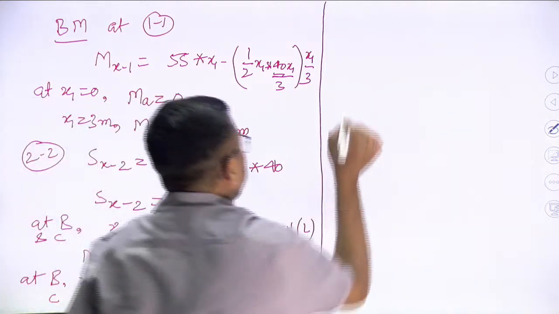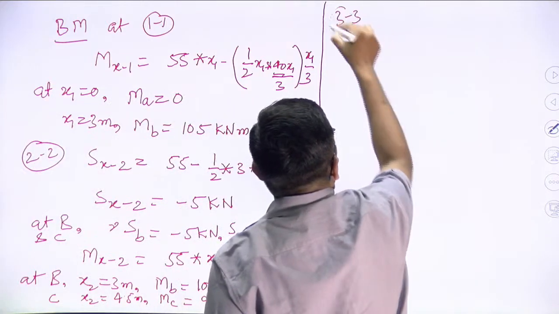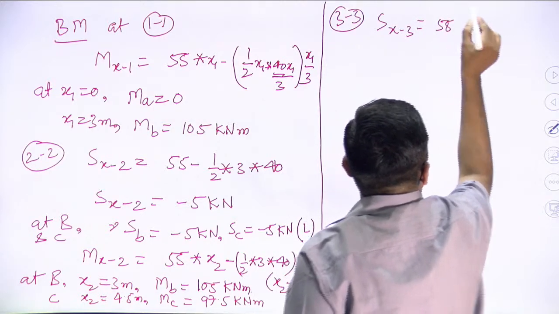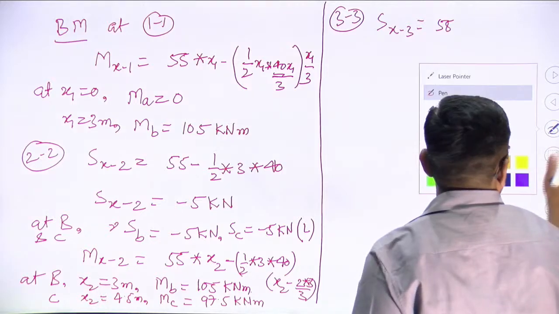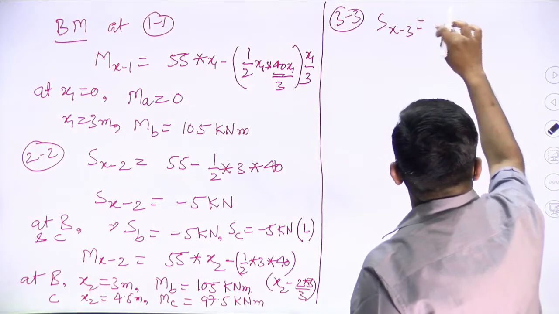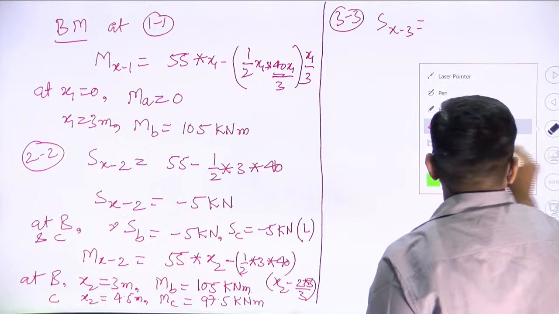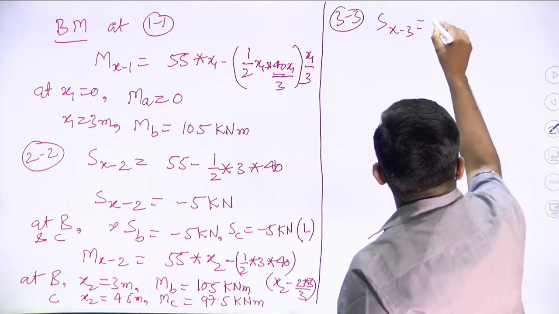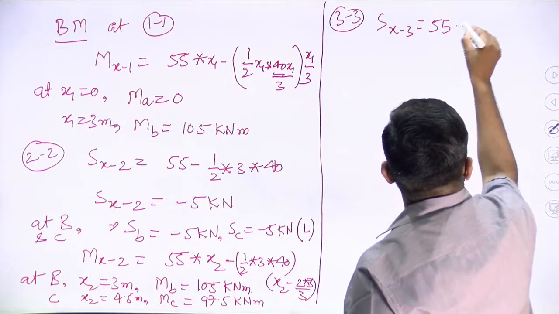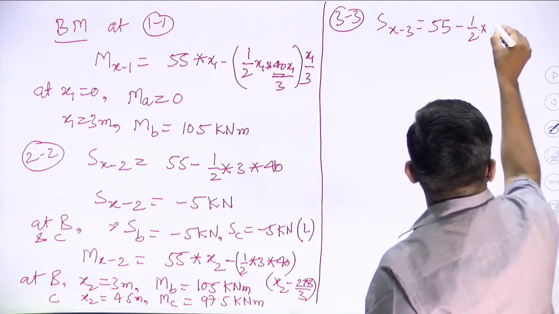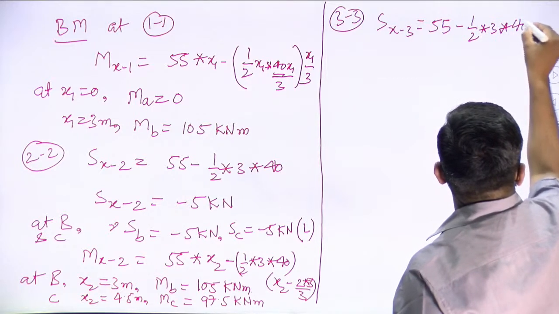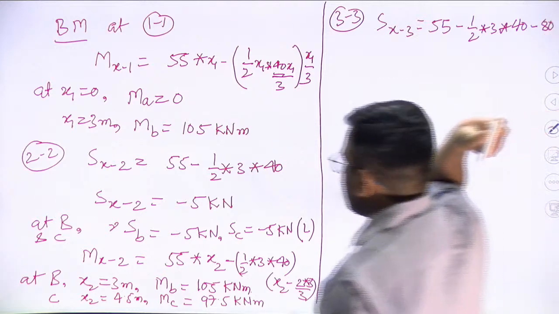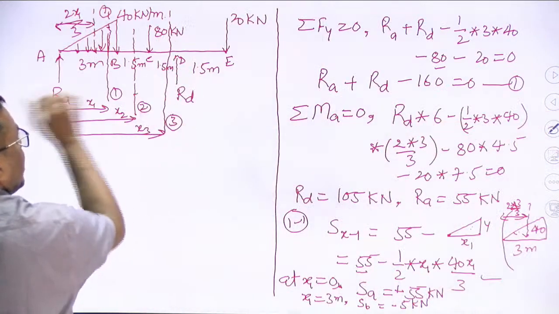So I am writing here the shear force at section 3: 55 minus half into 3 into 40 and minus 80. These are the three forces on the left side of section 3.